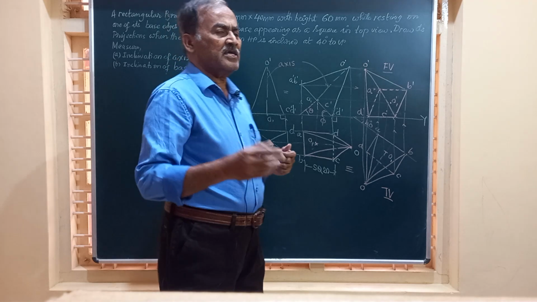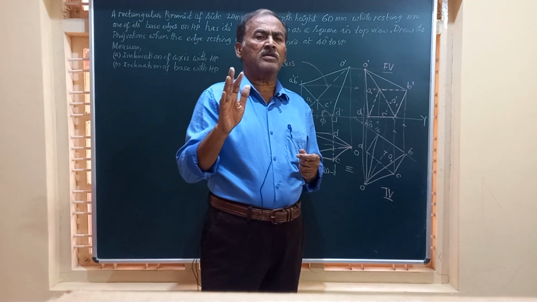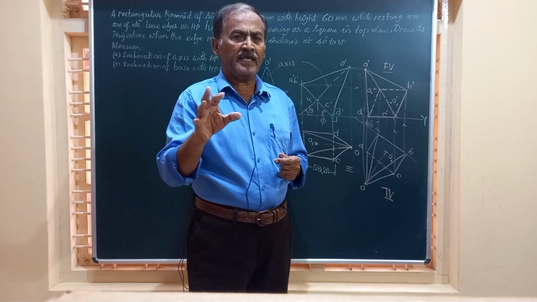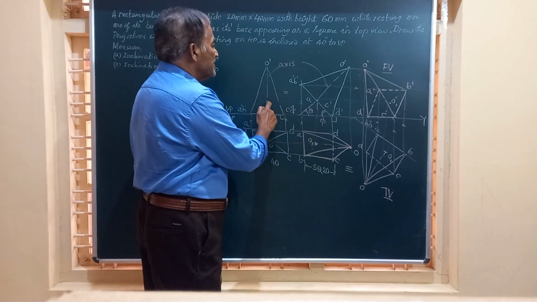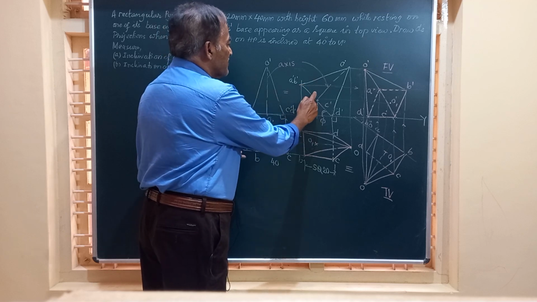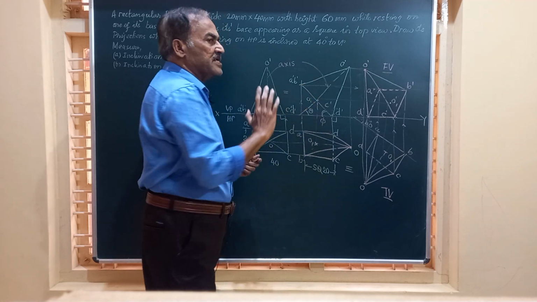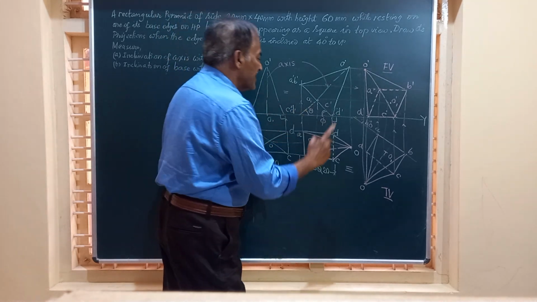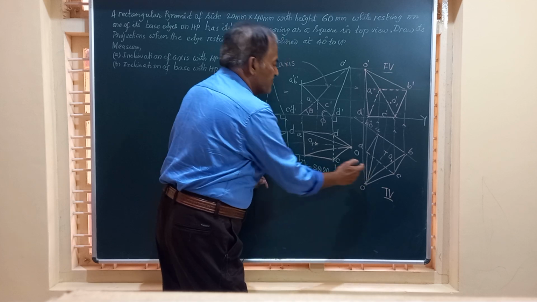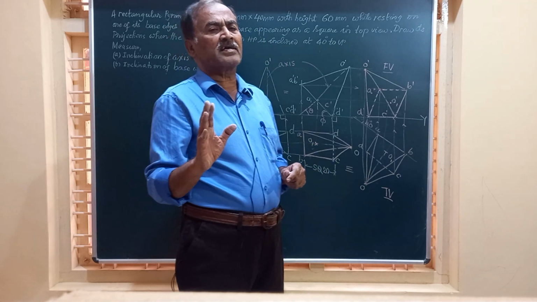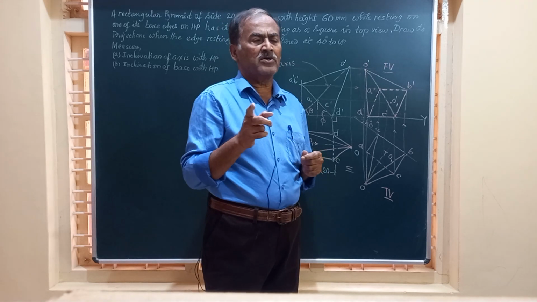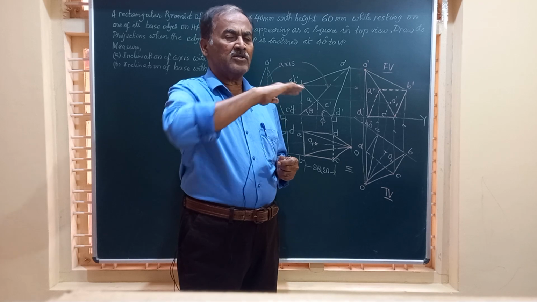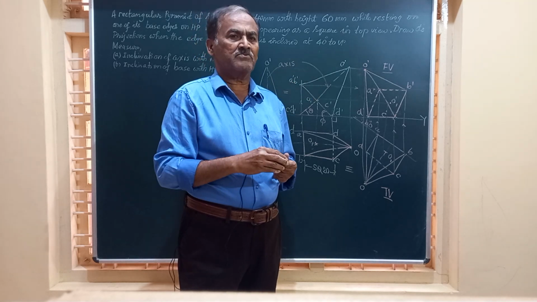That is to say, in any problem on the solids or the plane surfaces, that is the laminae, the figure number 1 in the front view, figure number 2 in the front view, they will be exactly identical, except for the orientation they have got. Similarly, this figure and this figure will be exactly identical. So this concept, if you remember, you will never go wrong in rotating the object or tilting the object.